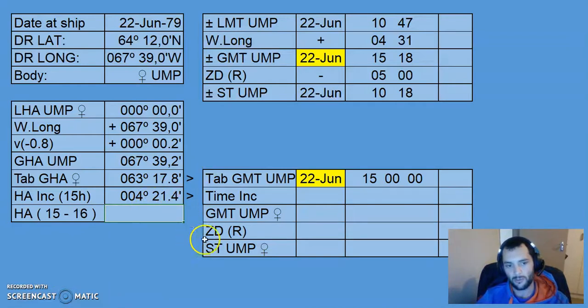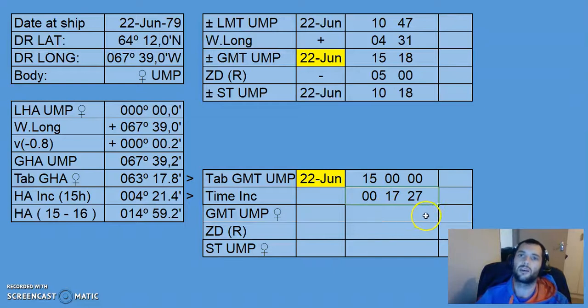It's going to form a fraction along with the total change in our angle between 1500 Zulu and 1600 Zulu on the 22nd of June. That's going to give us a difference of 14 degrees 59.2, and then that fraction, 4 degrees 21.4 divided by 14 degrees 59.2, will give us a time increment, and that is what we will be applying.